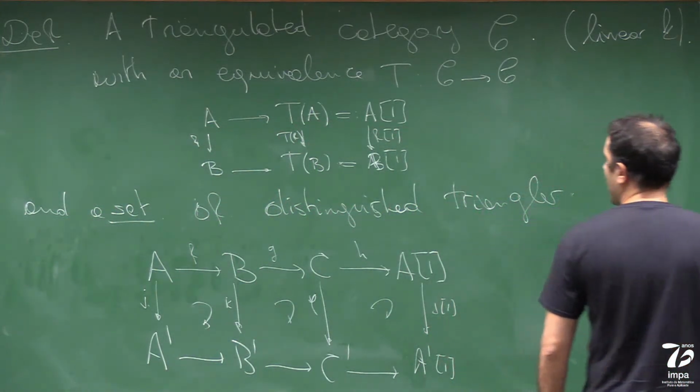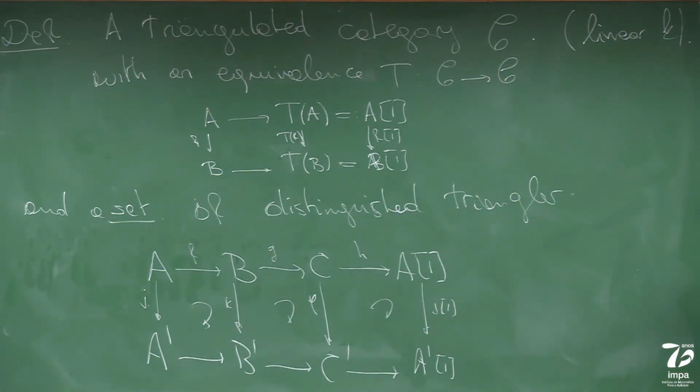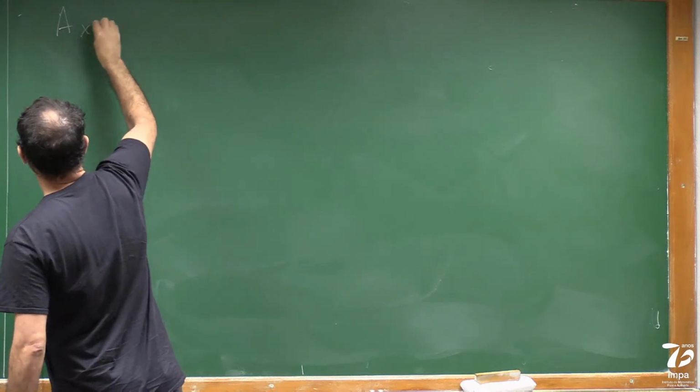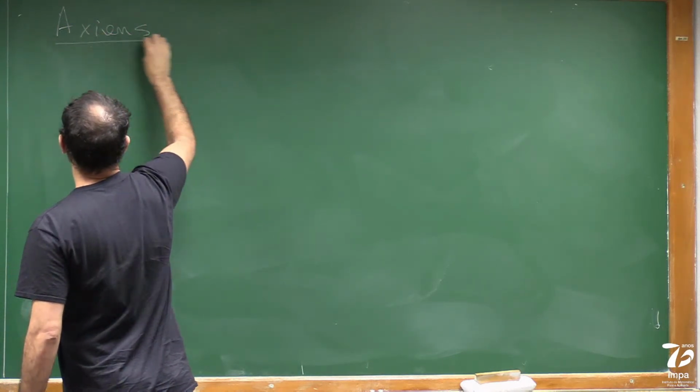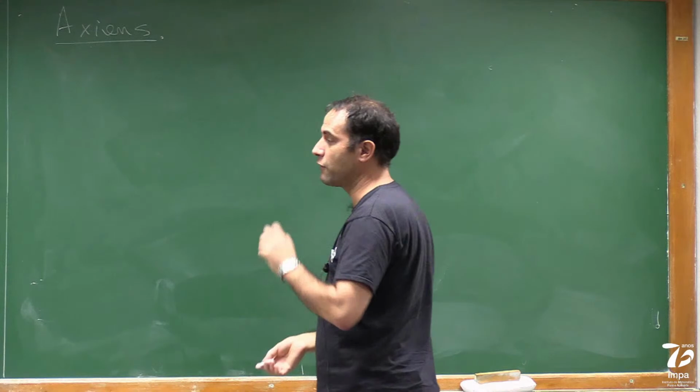So this was just to set up the definition. A triangulated category is a category with this data subject to the following axioms. We'll discuss the axioms for a while before we get to the last axiom.